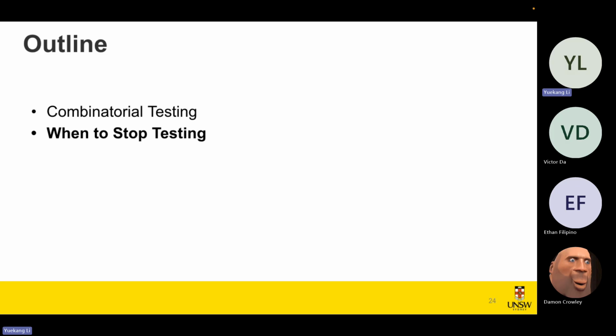Even if we just use pairwise, if we have a large number of parameters, and maybe a large number of different values that each one can take, the search space is too large. So even if we try to build a combinatorial test suite, it could be very, very large. Although we are trying to use representative values, there are too many representative values.